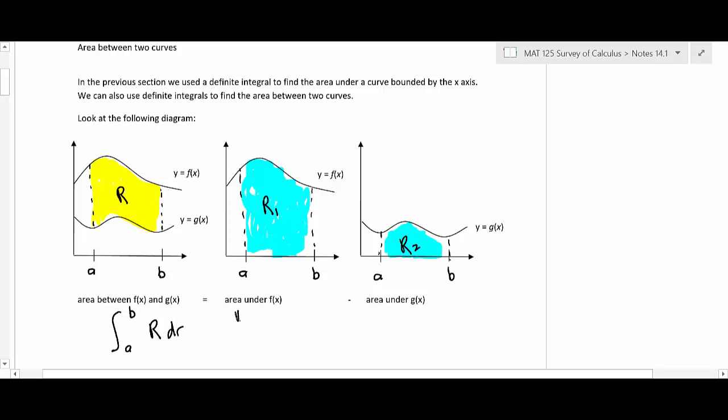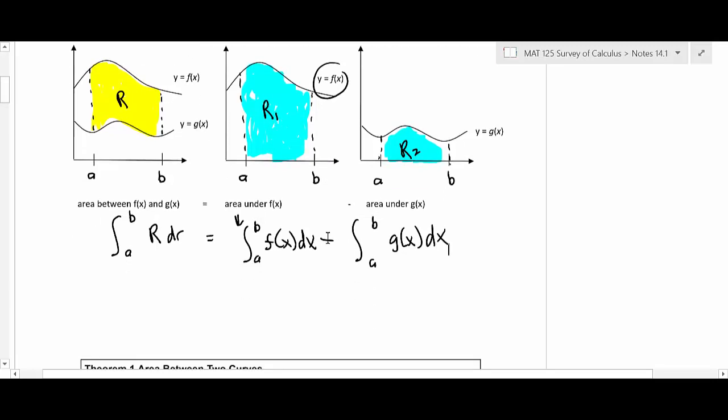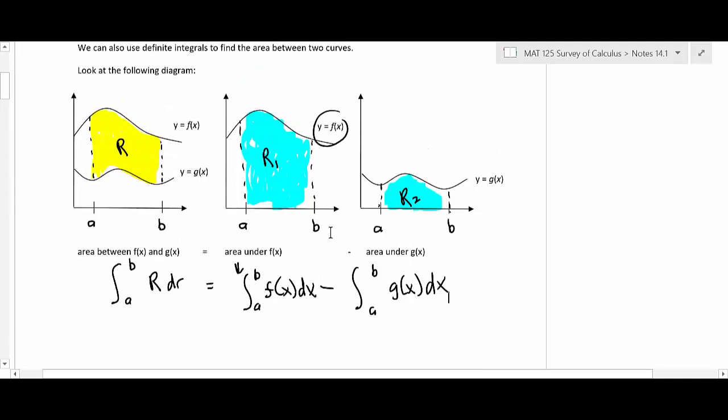What you're going to do is find the area under the curve from A to B of the upper curve. Then you're going to subtract the area from A to B of the curve that's on the bottom. So that's what you always do to find an area between two curves: you take the integral of the top function minus the integral of the bottom function. Is that logical to everybody?